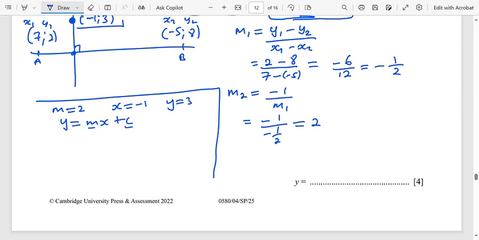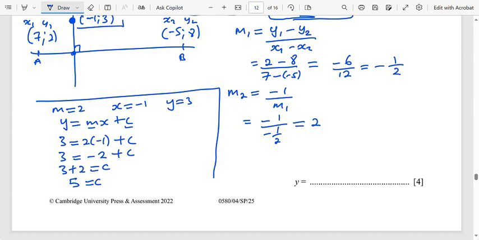Also, we need to find c. So to find c, y is 3, m is 2 when x is negative 1, then plus c. So 3 is equal to minus 2 plus c. So 3 plus 2 is equal to c. So 5 is equal to c.